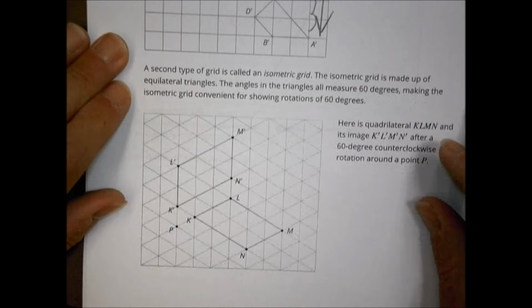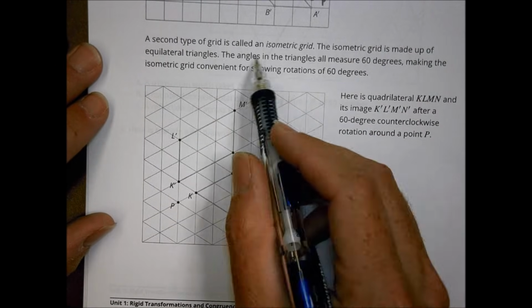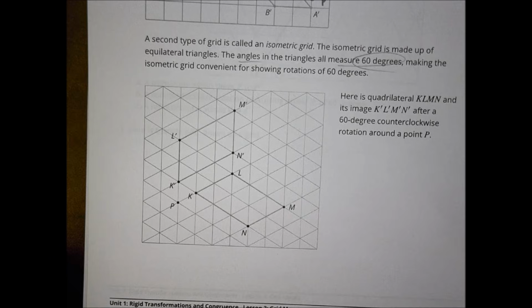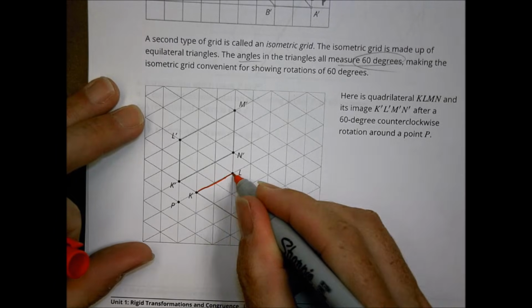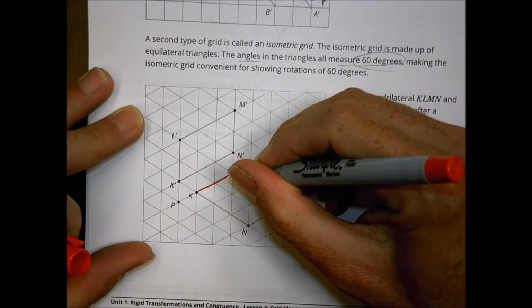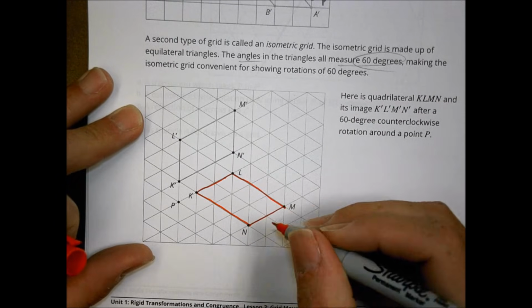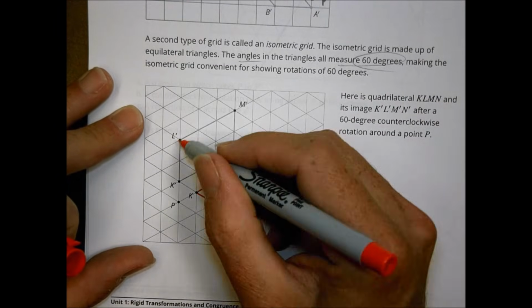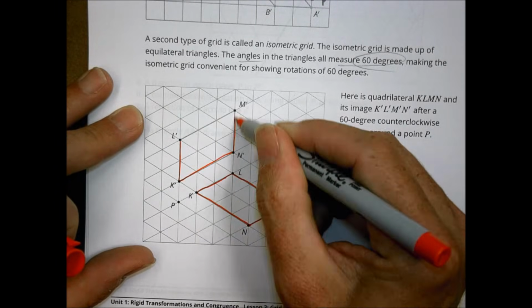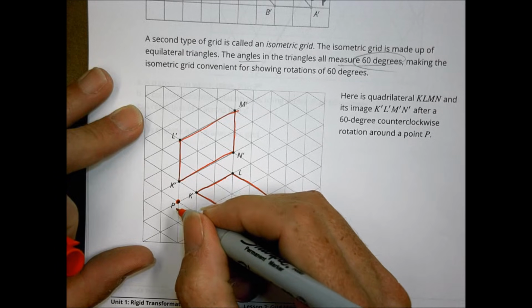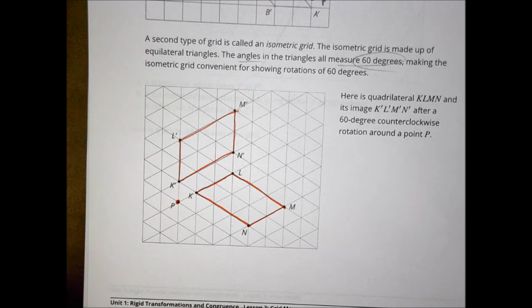With the isometric grid, I can do the same kind of thing, but now I'm often looking at rotations and angles and all the 60-degree things. So in this case, we have quadrilateral KLMN. I have this one, my original, and it says it becomes this thing up here after a 60-degree counterclockwise rotation around that point.